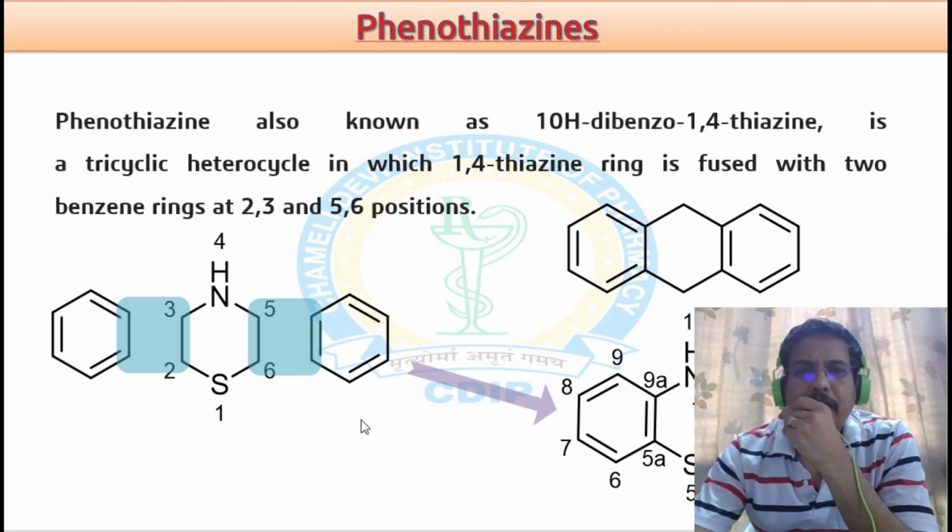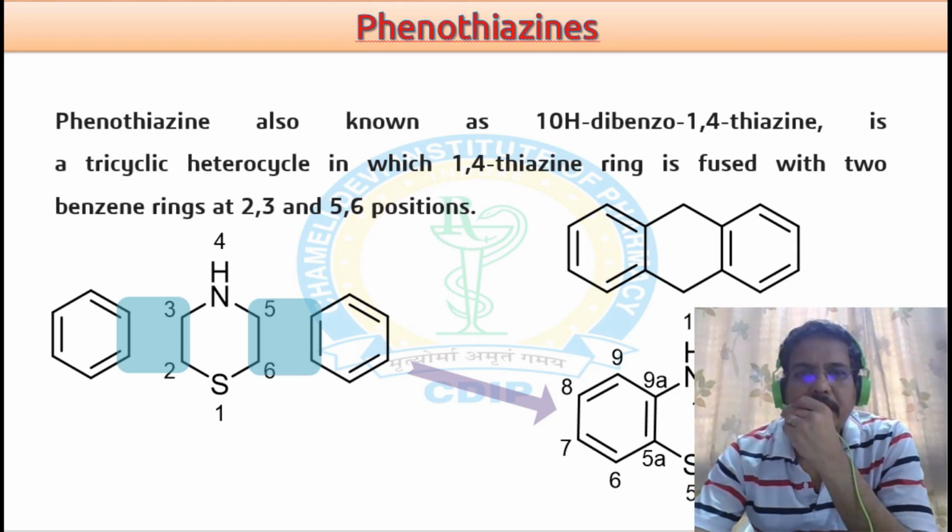Actually, the phenothiazine is made up of three rings which are fused together. Out of that, one of the heterocyclic rings contains sulfur and nitrogen, and the other two rings are benzene rings.